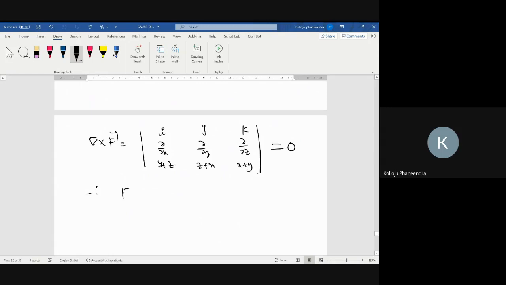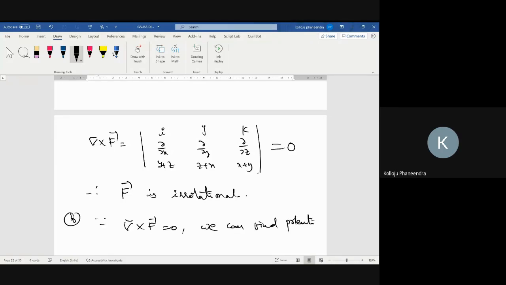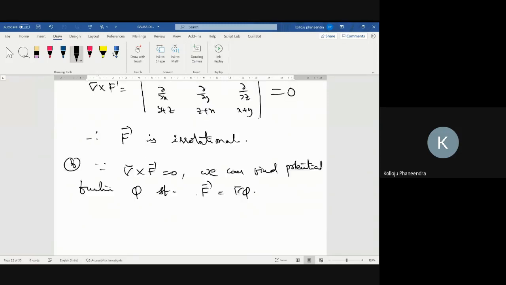Therefore, f bar is irrotational. And since del cross f bar equal to 0, we can find a potential function phi such that f bar equal to del phi.